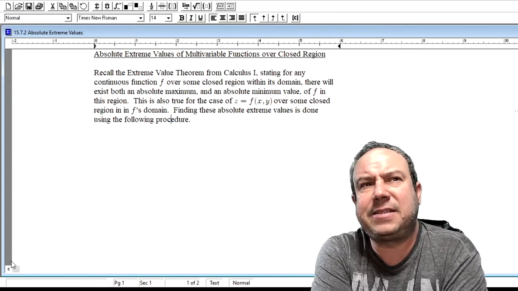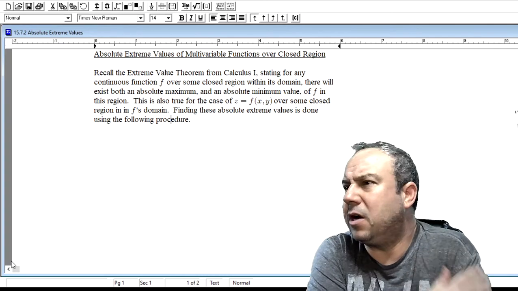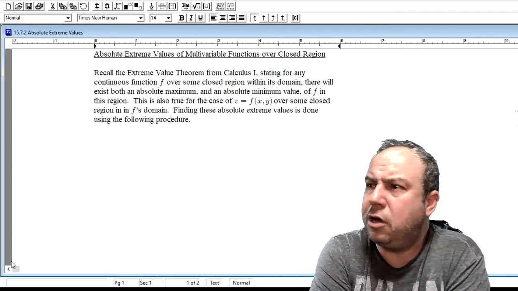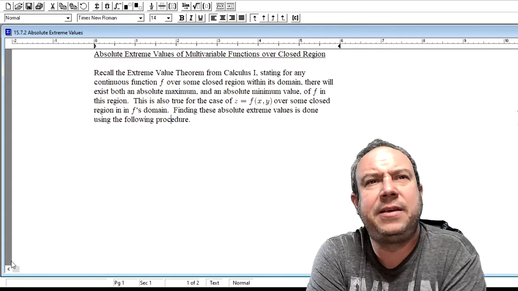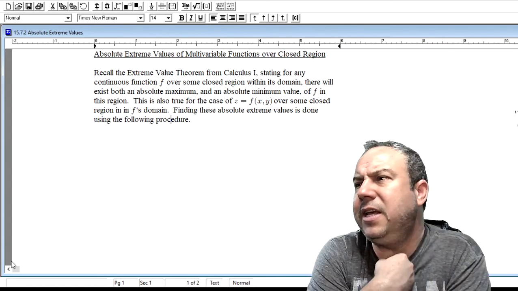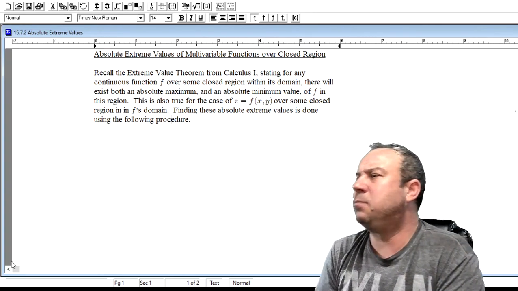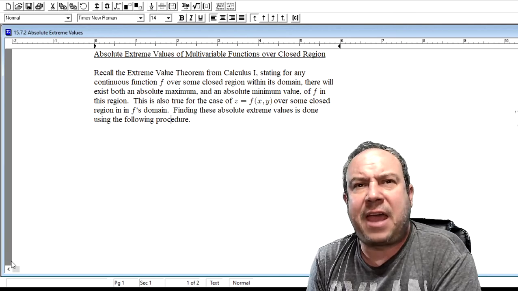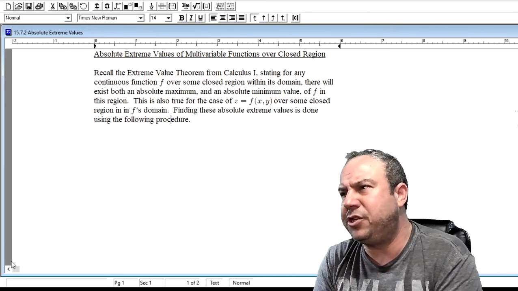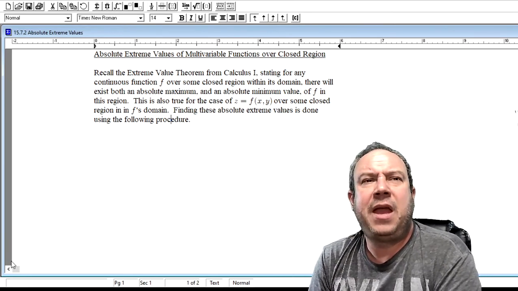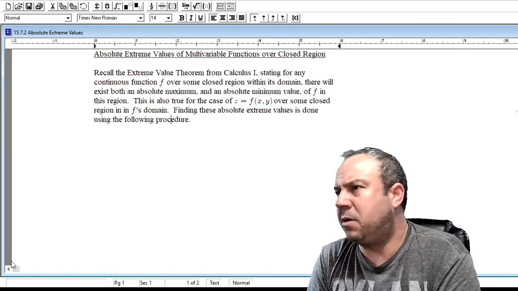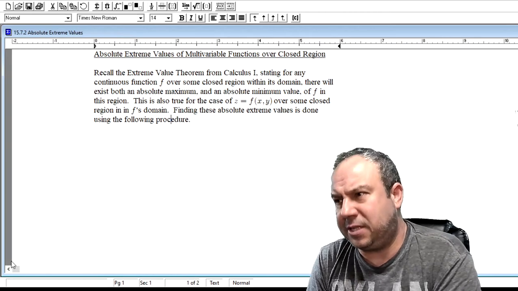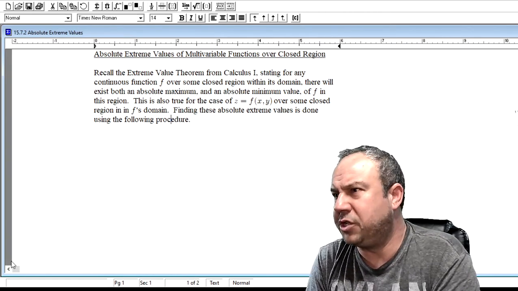It told us that if our function exists over some closed region in the domain, then we're guaranteed to have both an absolute maximum and an absolute minimum value of the function on that region. In that region, you will have a location that produces both an absolute maximum and an absolute minimum value for that function, if that function exists over some closed region.